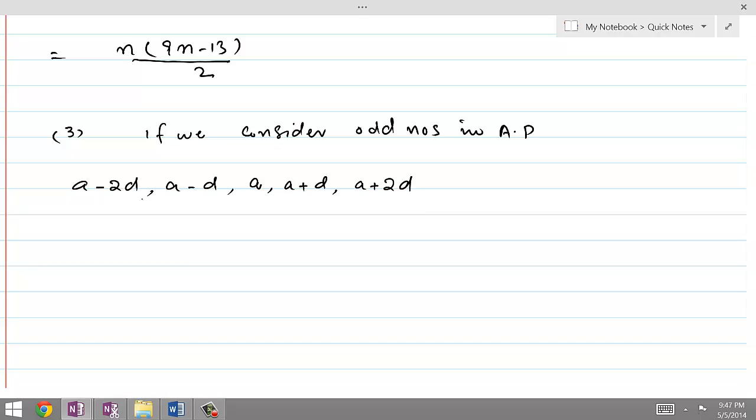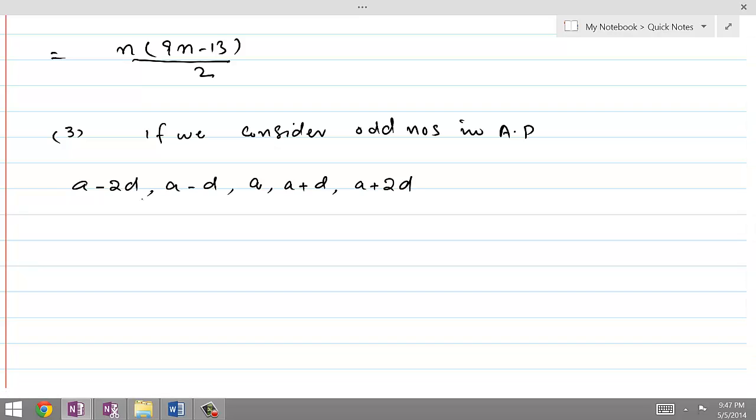But if you were to take even numbers, then A cannot be taken as the middle number, and in that case we will have 2D as a difference, and A minus D and A plus D will be the two middle numbers. Anyway, we'll discuss that at the end of this question.